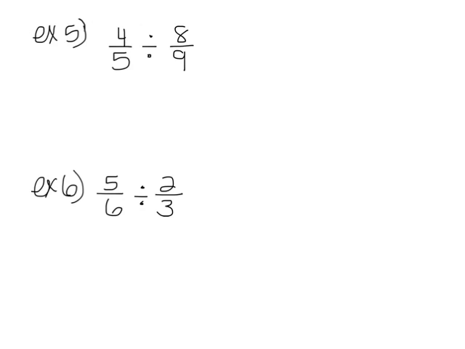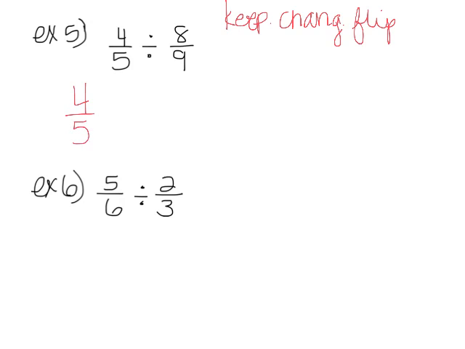Sometimes I come along fractions that do not have similar factors, and I can do a method that's called keep, change, flip. This method tells me that I'm going to keep my first term, so I'm going to keep 4/5.